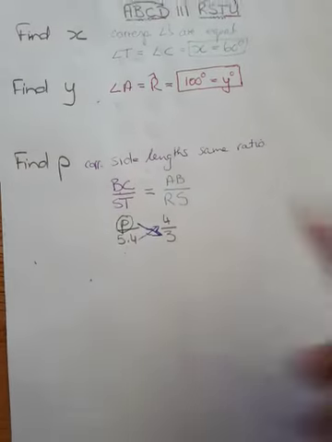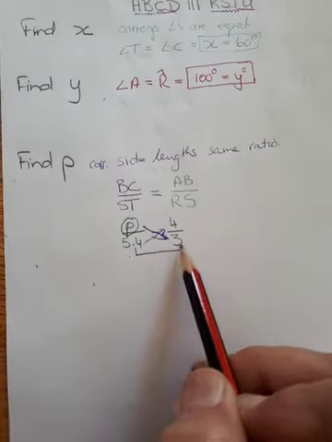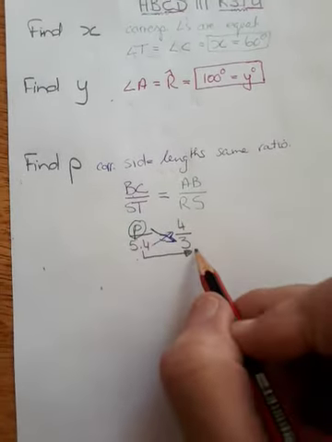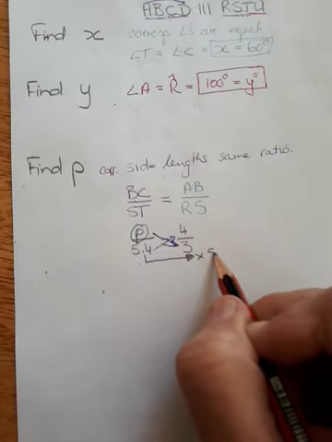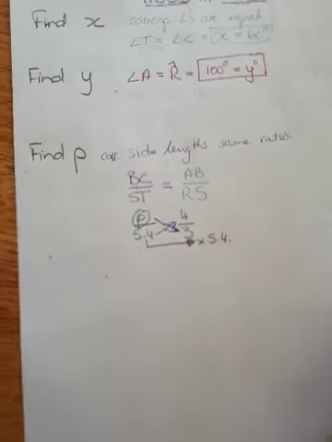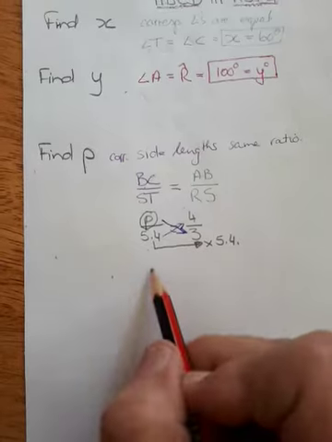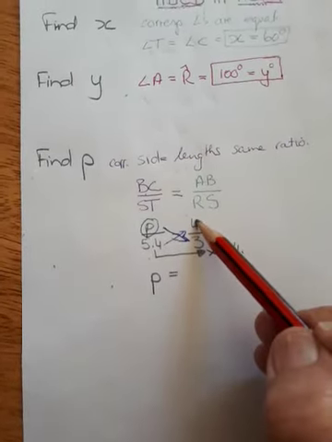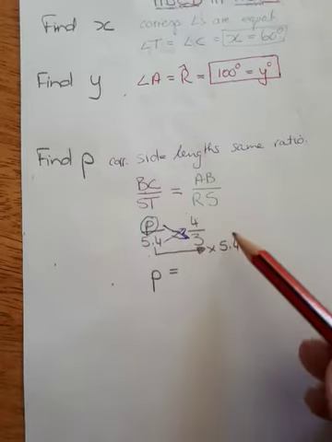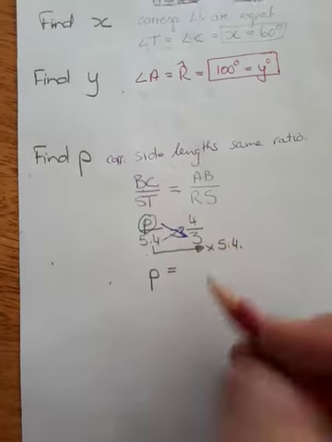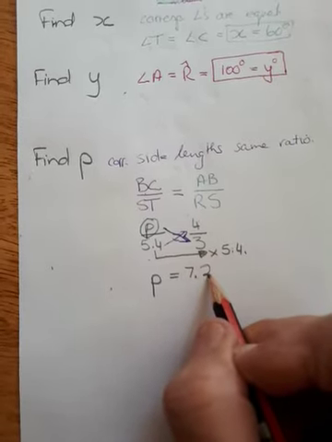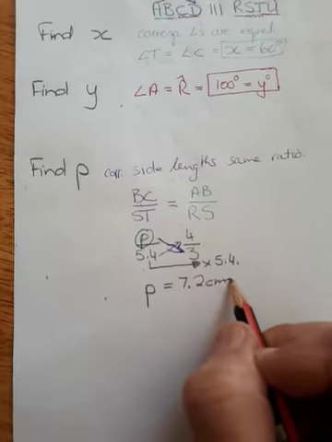We must take the 5.4 over to the other side. It is divided on this side, it becomes times 5.4 on that side. Then you have P left over on the left. Then you have 4 divided by 3 times 5.4. If you calculate that, it will give you an answer of 7.2 centimeters.